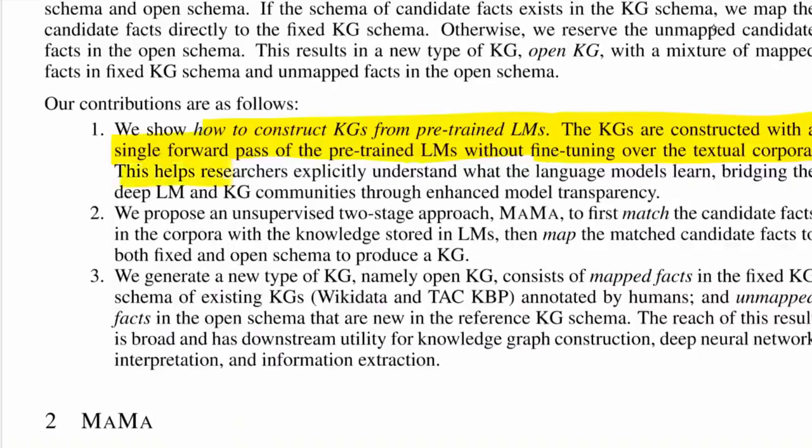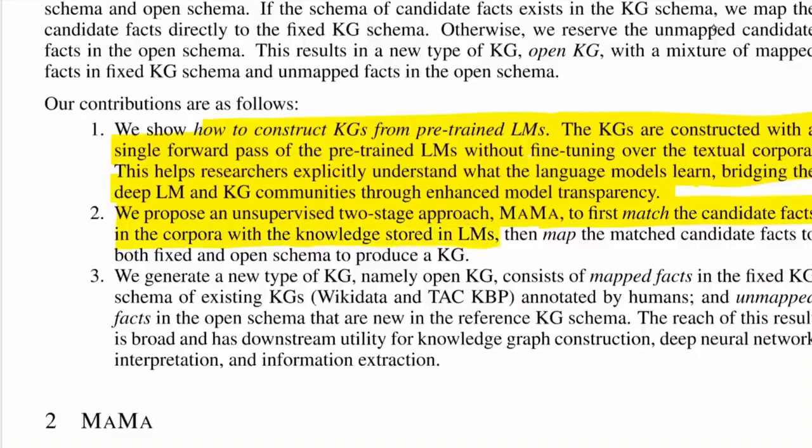Okay, this helps researchers explicitly understand what the language models learn, bridging the deep language model and the knowledge graph communities through enhanced model transparency. Okay, they say we propose an unsupervised two-stage approach, MAMA, M-A-M-A, which stands for match and map, to first match the candidate facts in the corpora with the knowledge stored in language models.